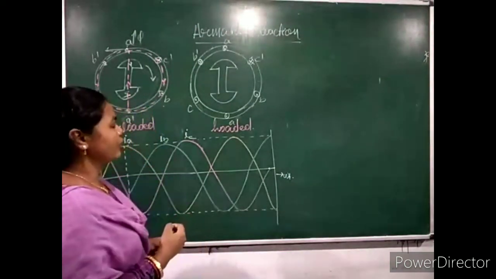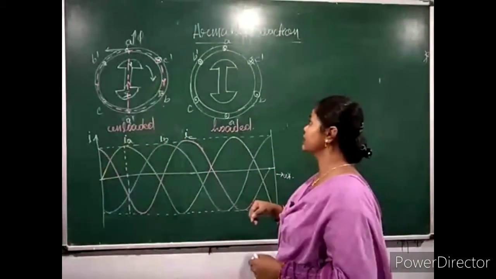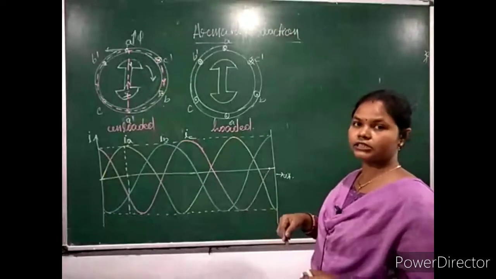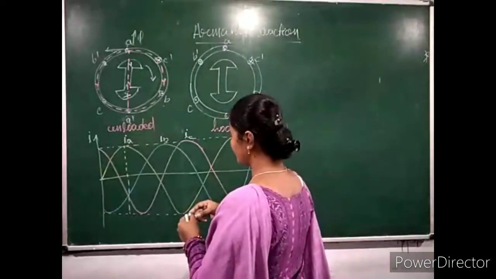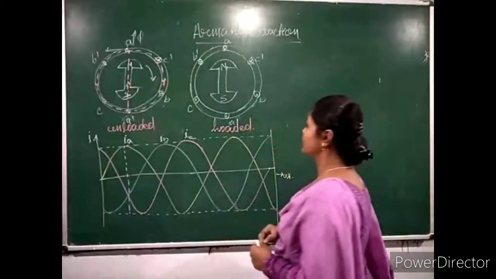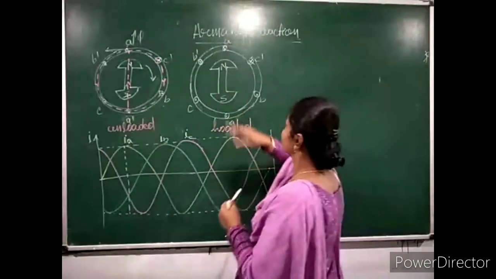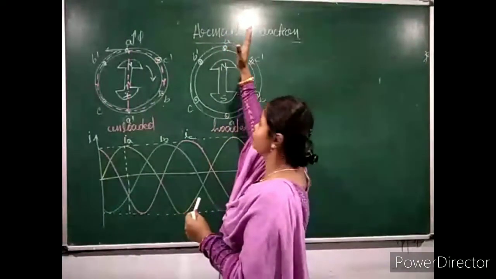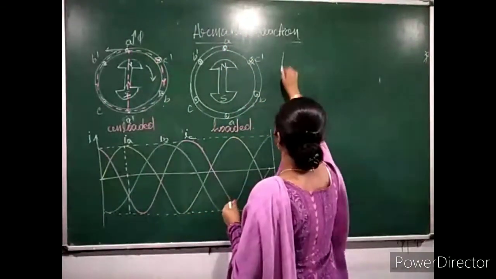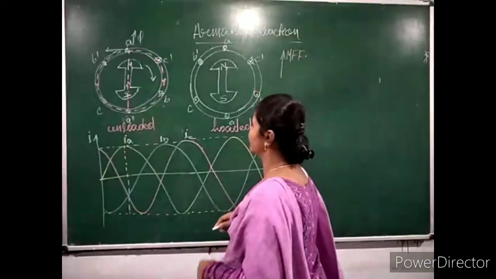So how do you know that current is inward to conductors A, B dash and C dash? If this is the north pole and this is the south pole, the main field flux is in the upward direction.